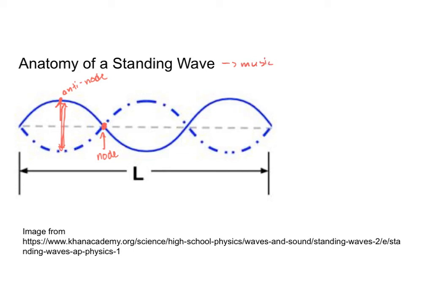For example, a guitar, or a violin or a viola, any stringed instrument, is going to generate a standing wave, which is why we hear that constant pitch in our music, rather than hearing the whole range of sounds that you get in a traveling wave, like regular spoken word.